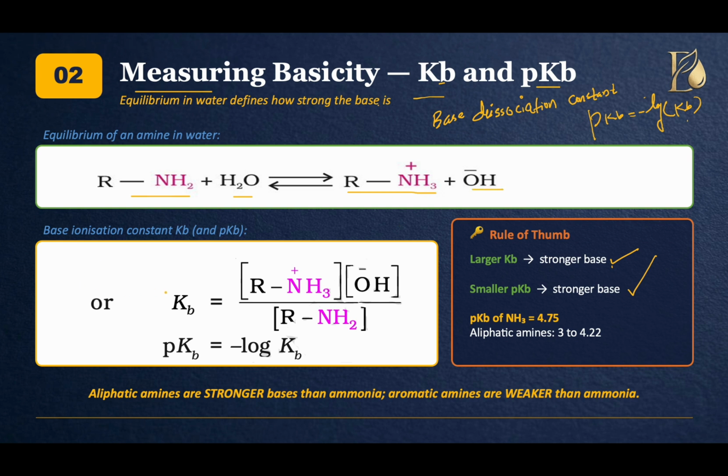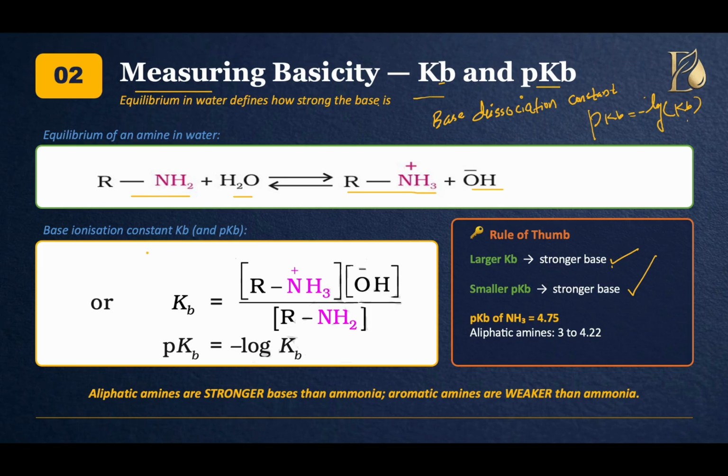This can be represented using the equation: Kb is equal to the concentration of ammonium ion times the concentration of hydroxide ion, divided by the concentration of amine, and pKb is minus log Kb. Now to measure how strongly the amine behaves as a base, we use the base ionization constant called Kb.